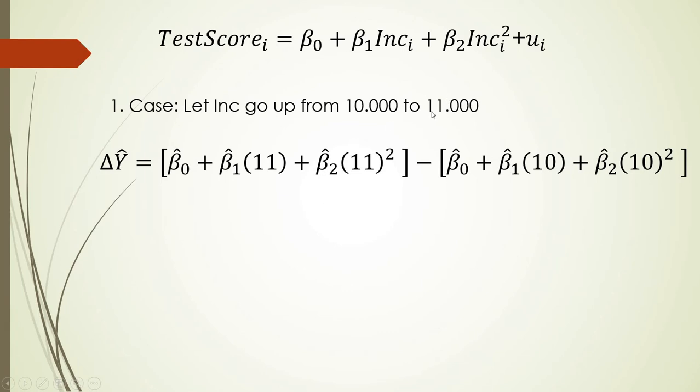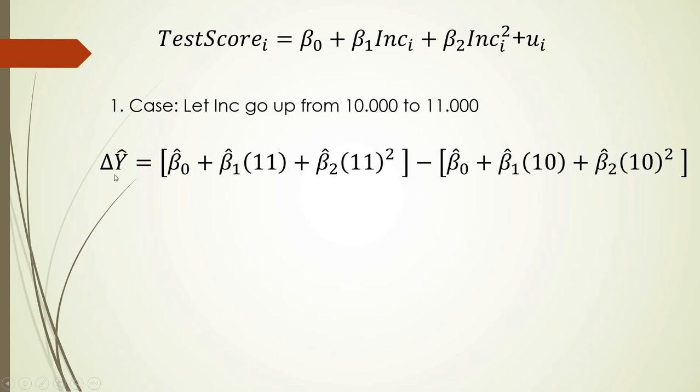So we will first put in the larger value for income and income squared, and calculate the value of test scores for the income of 11,000, and then we will subtract the value of the test scores when the income is $10,000.